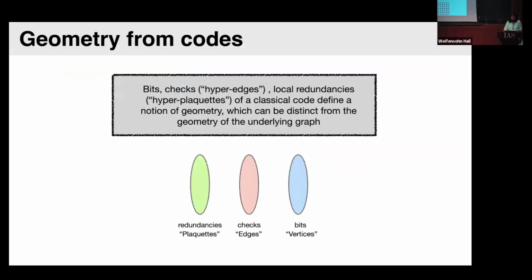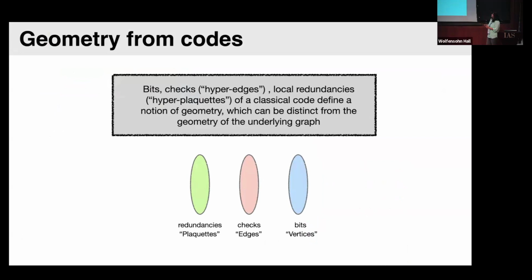Okay. So I just want to emphasize this thing that I was just saying, that checks in general are hyperedges. We can write the code as a hypergraph, and the check can act on more than 2 bits. And likewise, redundancies are hyperplaquettes, which can involve more than 4 checks.